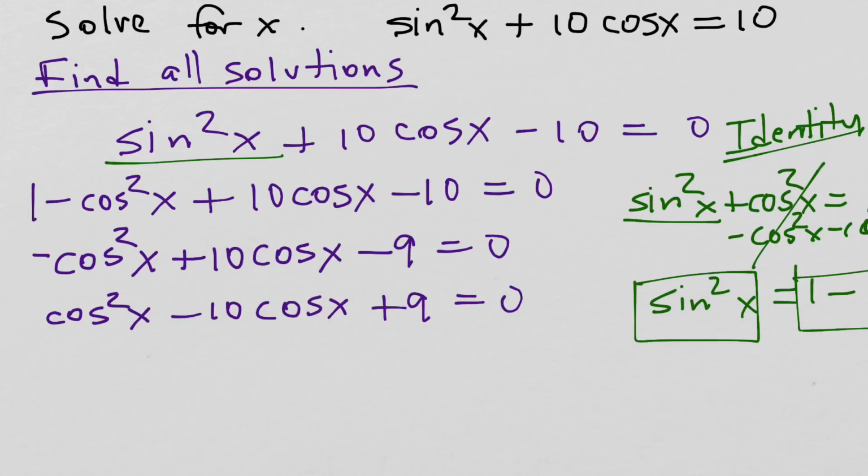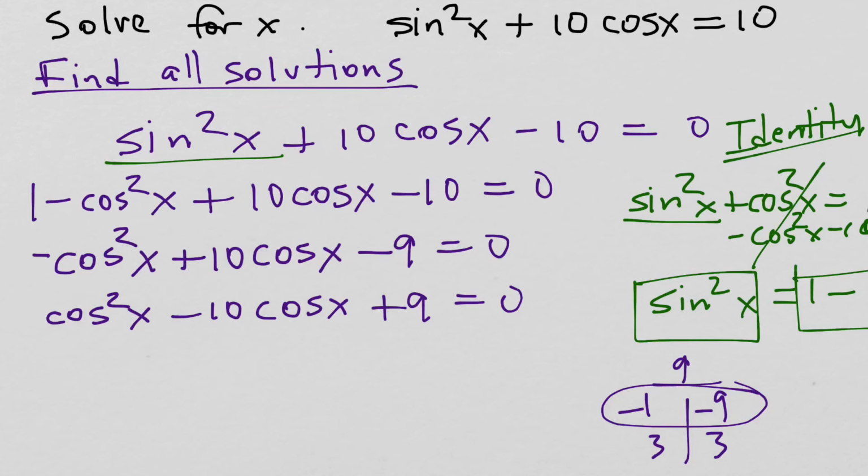So now let's check and see if we can factor this. There's a leading 1 here. 1 times 9 is 9. Ways to multiply to give 9: 1 times 9 and 3 times 3. So we need a positive 9 multiplying and a negative 10 adding. If we put 2 negatives on here, we should be able to do it.